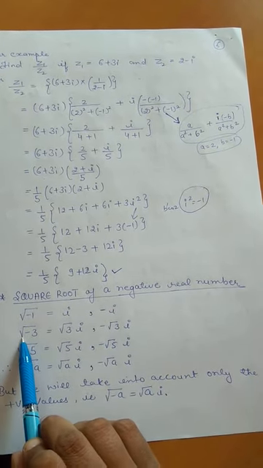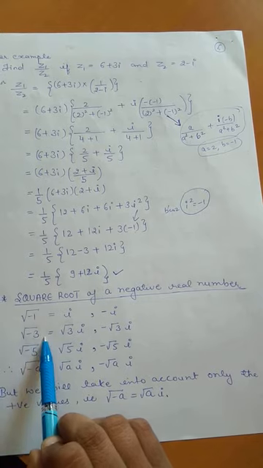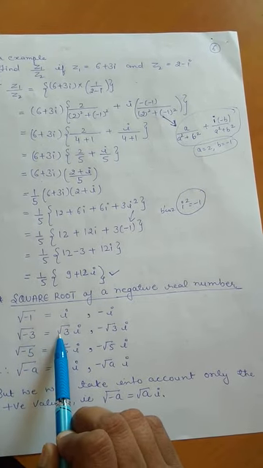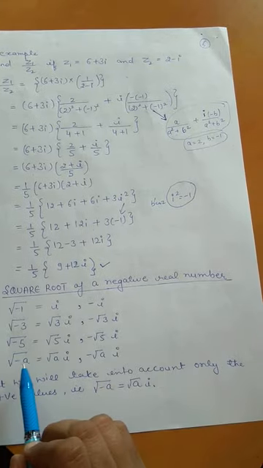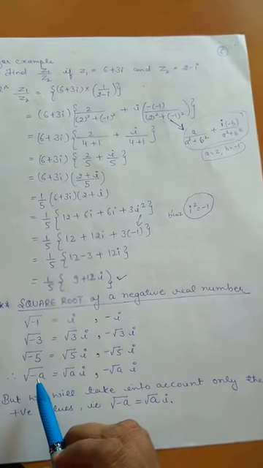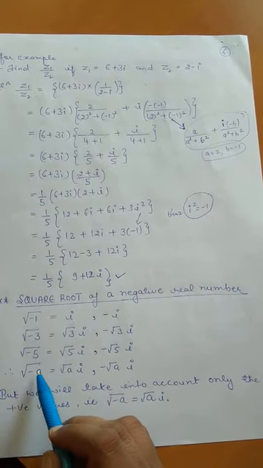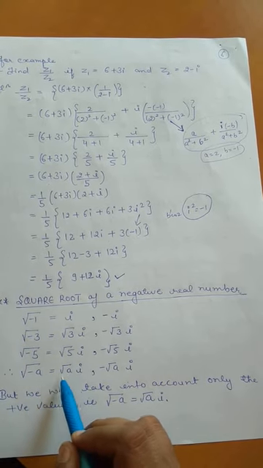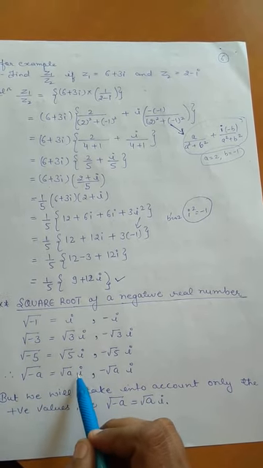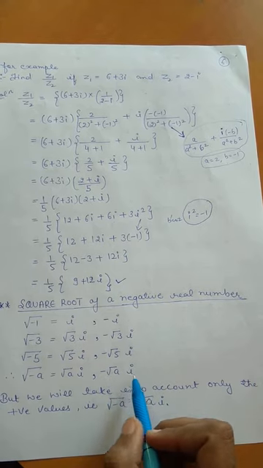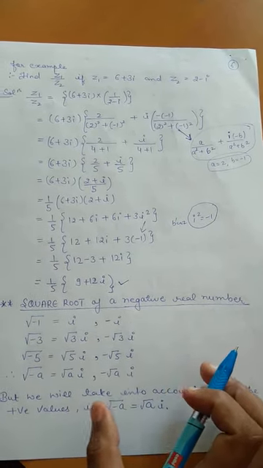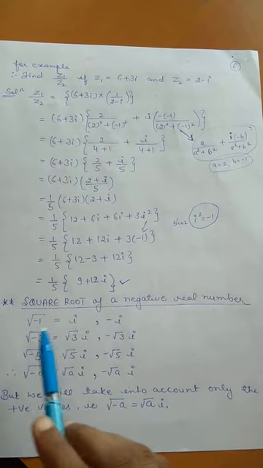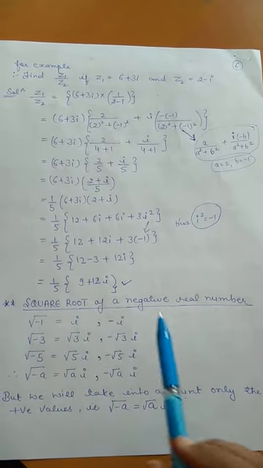The square root of minus 3 is root 3 iota and minus root 3 iota. Suppose we generalize it by writing root of minus a, that will give under root of a iota and negative under root of a iota.